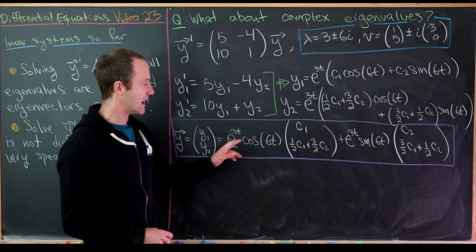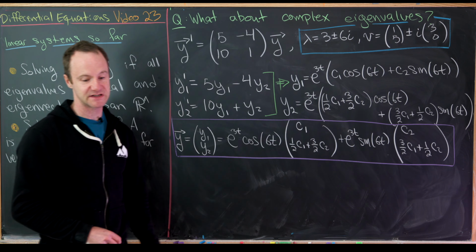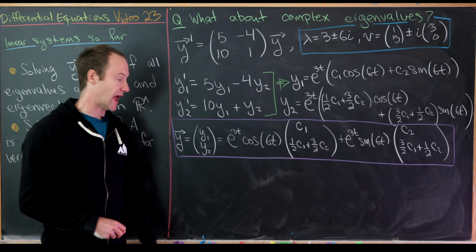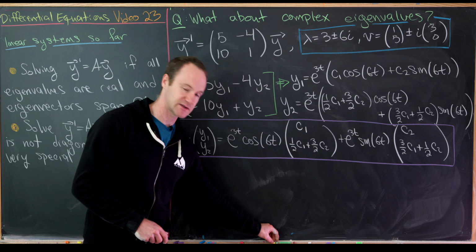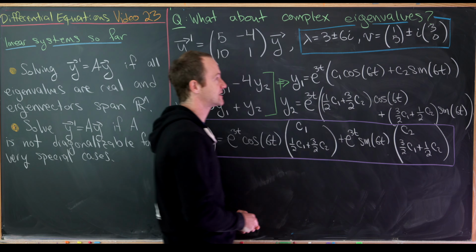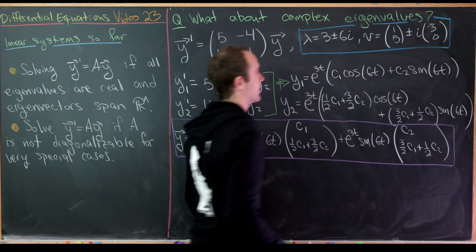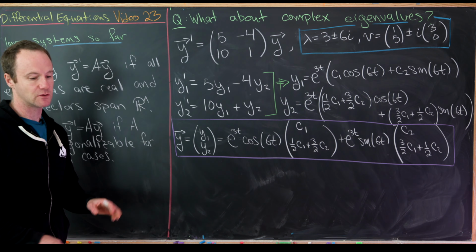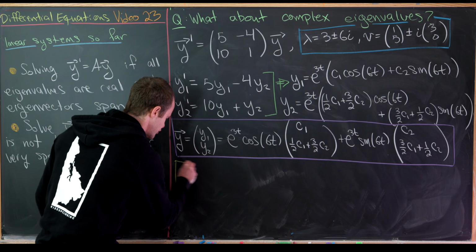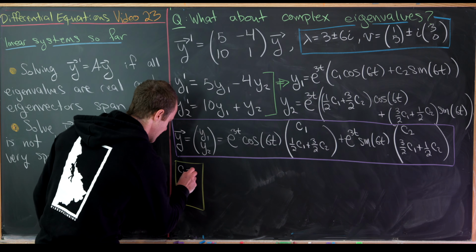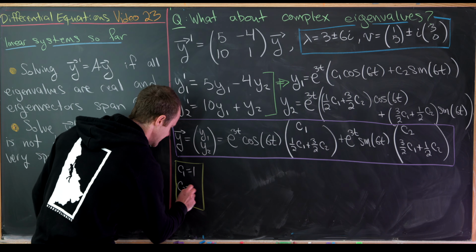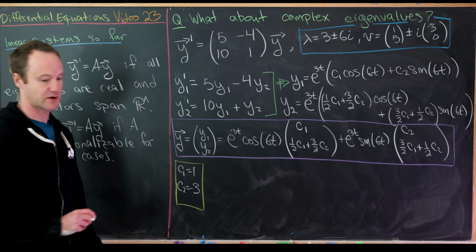Well, we'll do that by taking special values of c1 and c2 and getting two linearly independent solutions that are expressed with the real and imaginary parts of this vector. So let's start with the following substitution. We'll take c1 equal to 1 and c2 equal to -3.